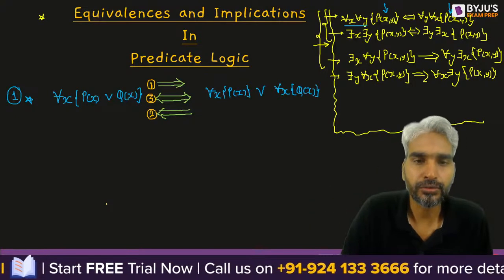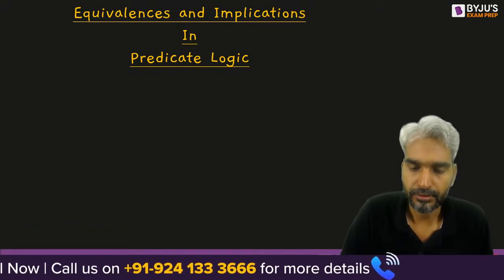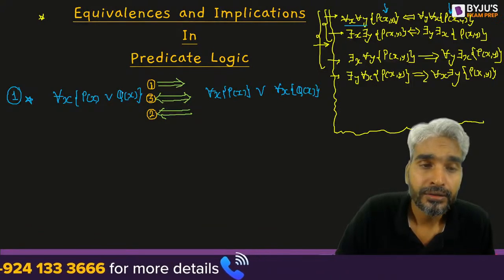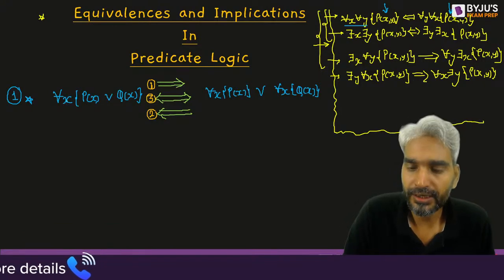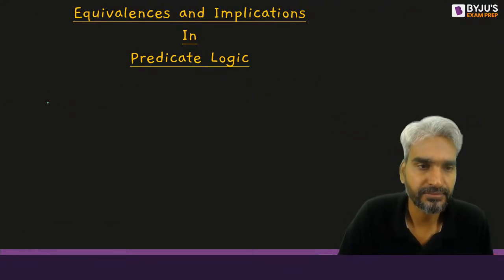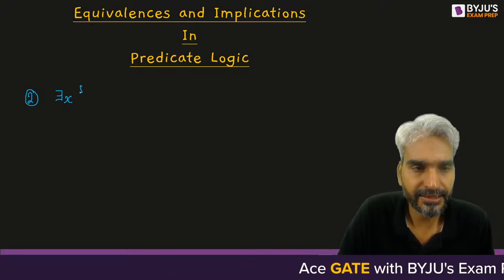Now the second one which we need to check: this was with respect to for all, how the disjunction will work with the for all quantifier. Now let's check how the existential quantifier will work with the disjunction. So the second one, there exists x.